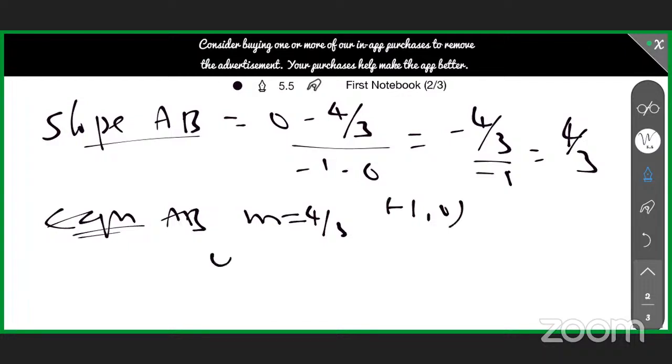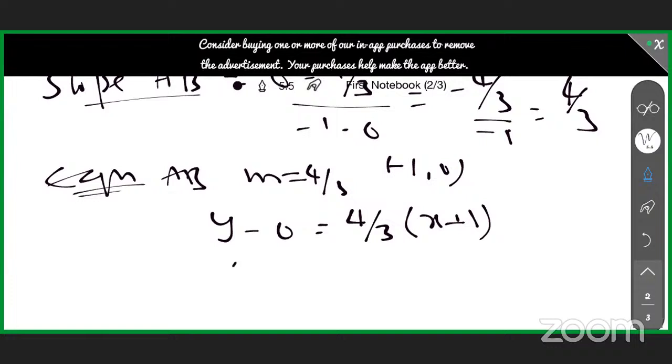Therefore, y minus 0 is equal to 4/3 into (x plus 1). I simplify this: 4x minus 3y plus 4 is equal to 0. This is the equation of AB.